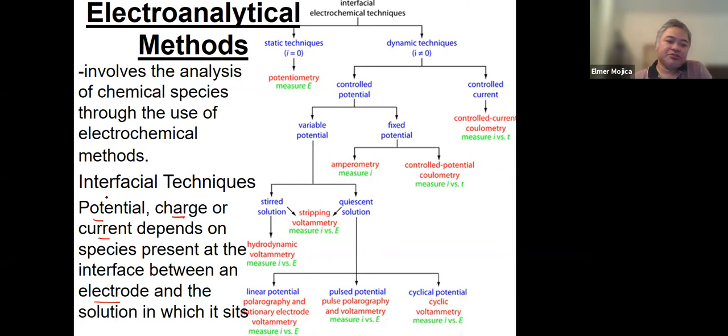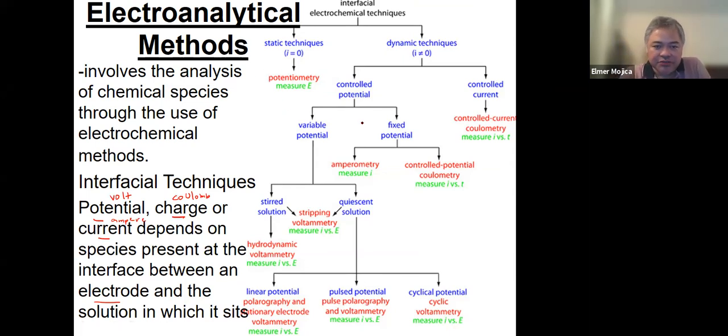For potential, you have a voltmeter. For charge, the unit is coulomb, so you have a coulometer. And current is in amperes, so you have an amperometer. So usually the name comes after them.